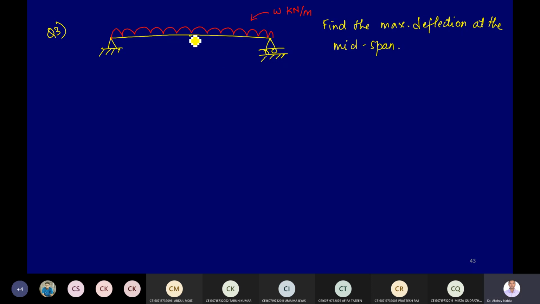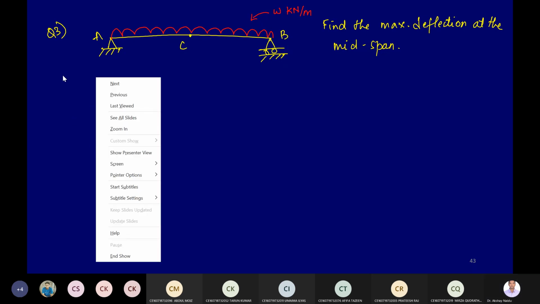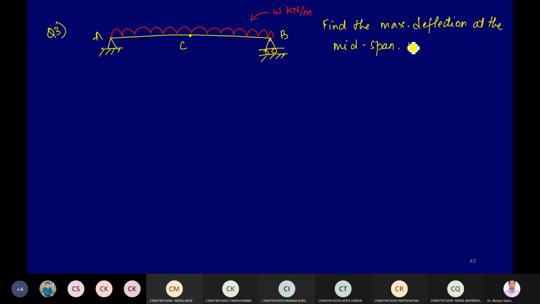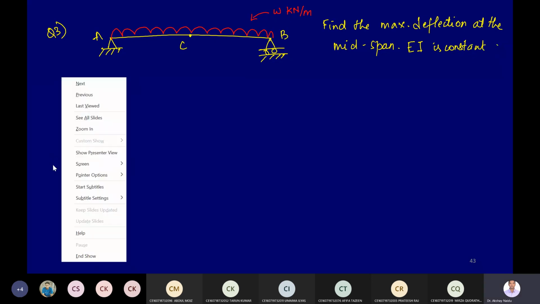Now we know that it is 5 WL power 4 by 384 EI, at the midspan. But what do we do?